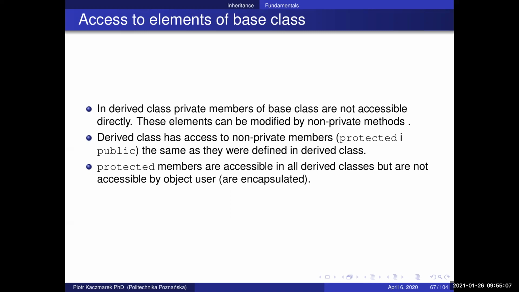Of course they exist, but you can't directly modify them. The same is true for private methods. If methods or attributes are not private, the derived class is able to modify them directly, so it has direct access to them.